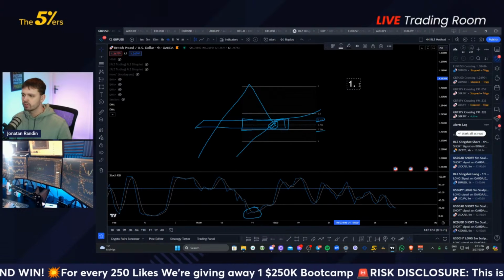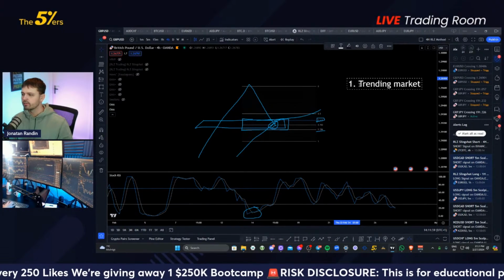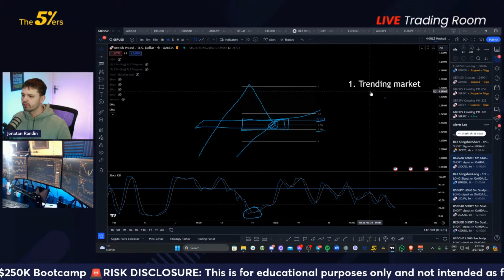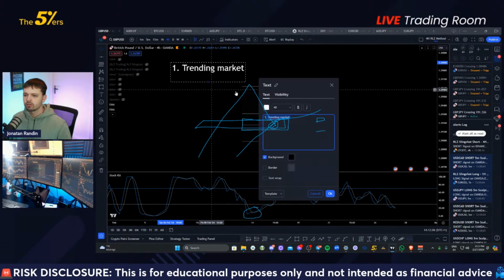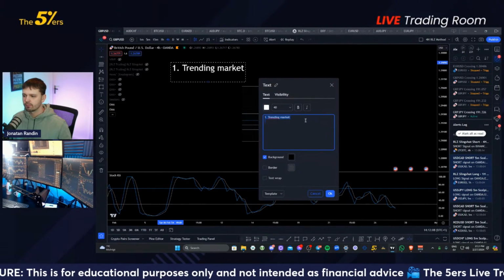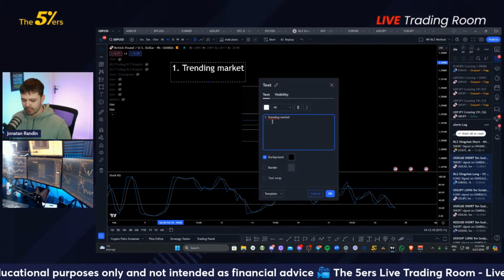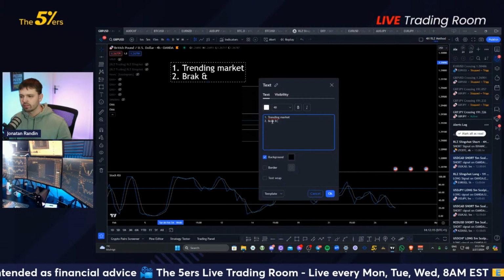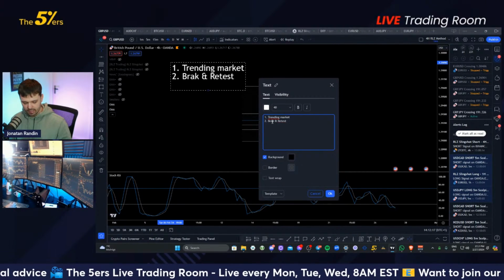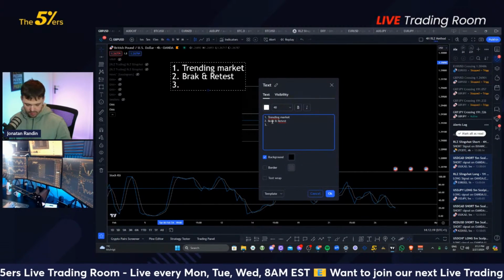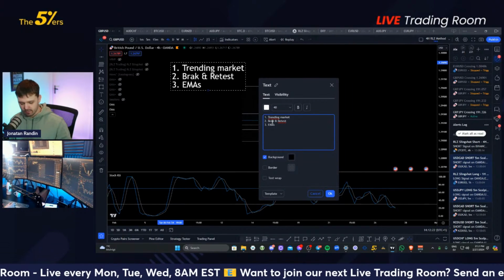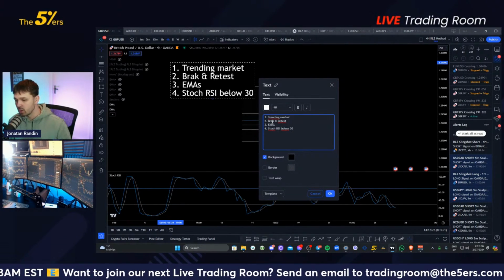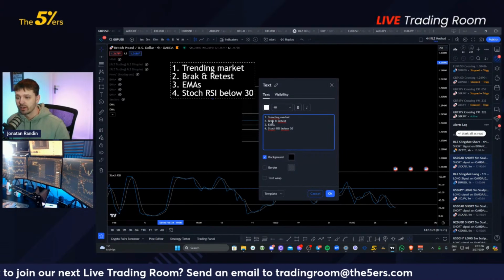So first, you want to find a trending market. Then number 2, break and retest. Then 3, make sure that it lines up with the EMAs. Number 4, stochastic RSI below 30. This is obviously for a long example, but it's the same when going short, right?